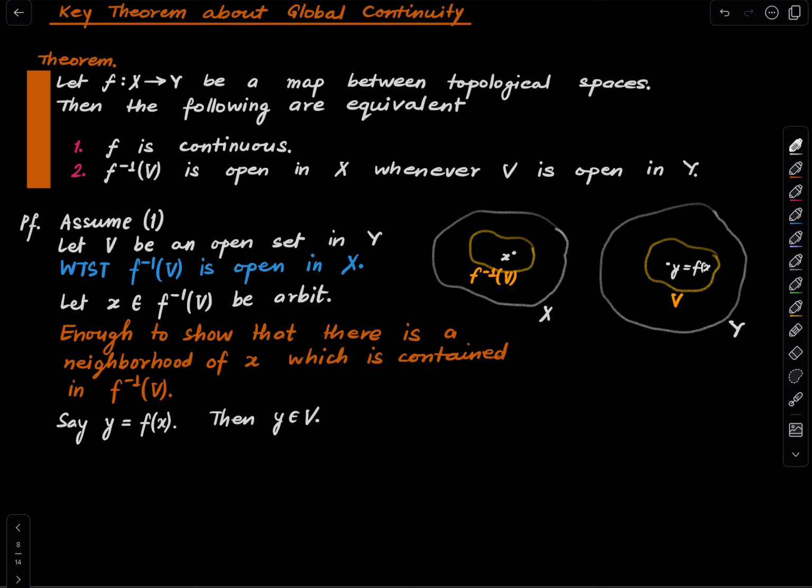So now, by the fact that f is continuous, we know in particular that f is continuous at x.